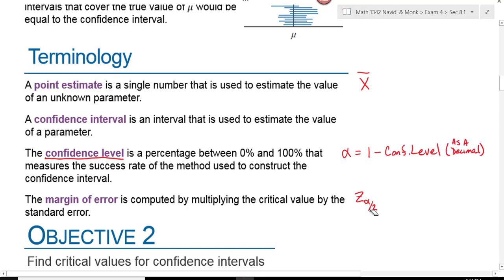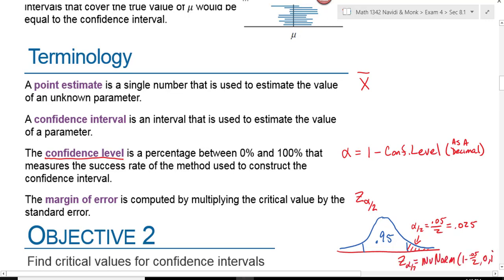We take that alpha level and divide it by 2 then. So if I had a 95% confidence interval, this area right here in the middle would be 0.95. Alpha would be equal to 0.05, and alpha over 2 would be equal to 0.05 divided by 2, and that's 0.025. This critical value is found using inverse norm for a standard normal distribution.